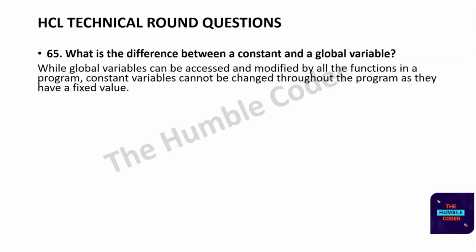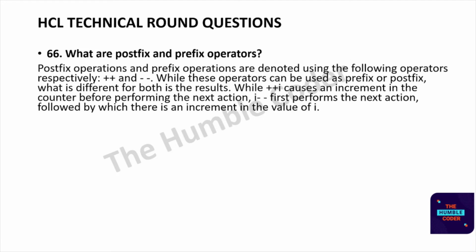Moving on with the next question, what is the difference between a constant and a global variable? While global variables can be accessed and modified by all the functions in a program, constant variables cannot be changed throughout the program as they have a fixed value. Next question is, what are postfix and prefix operators?